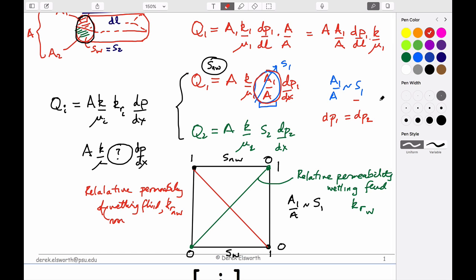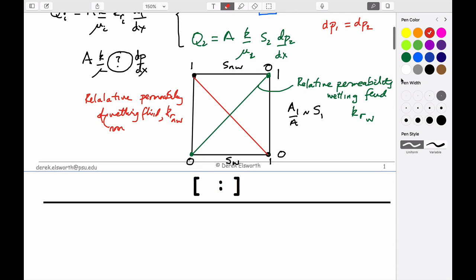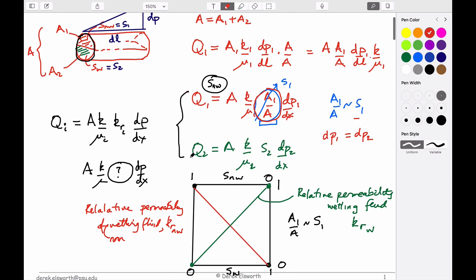Okay, well, let's draw the core as we go through here. So the core at these different locations can be at a given saturation. If we drew the core at this particular saturation here, it would be at a saturation of water which is 0. So let's get our colors right.